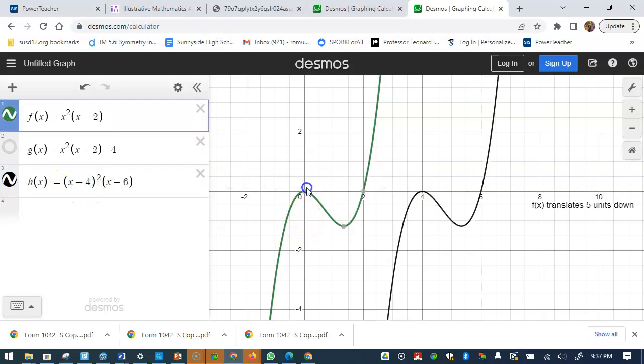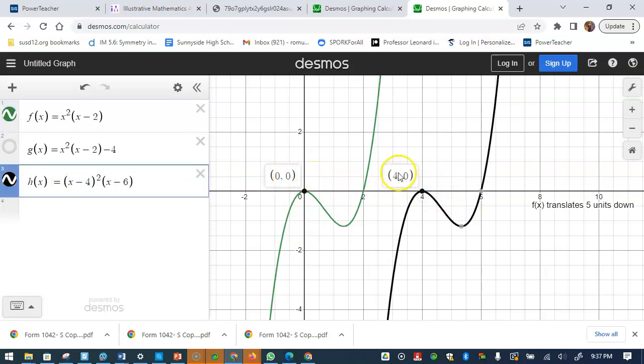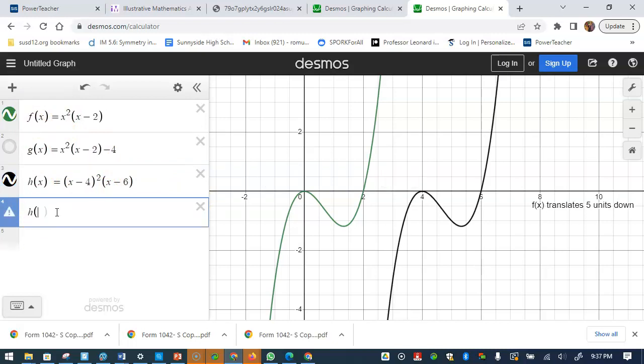And you can also see this one is x equals 0, and if you put x equals this 4 right here, 4 minus 4 is 0, and the whole thing is 0, and that's how f of x equals. So we can write a nice relation and say, okay, h of x is the same as f of x, and the only difference is the inputs are changed by writing minus 4. That's it. So that was task number 1.